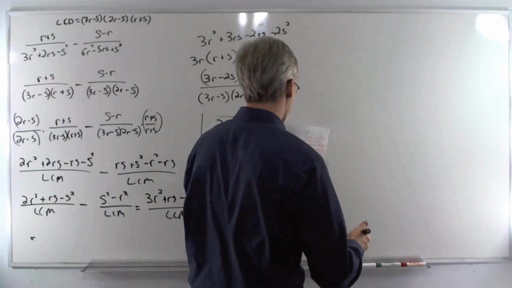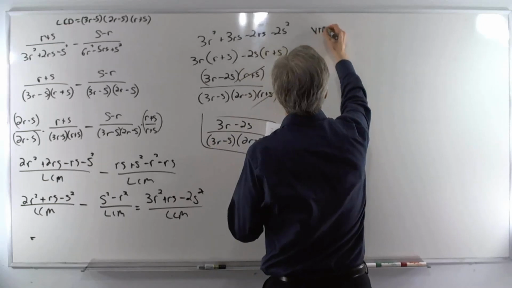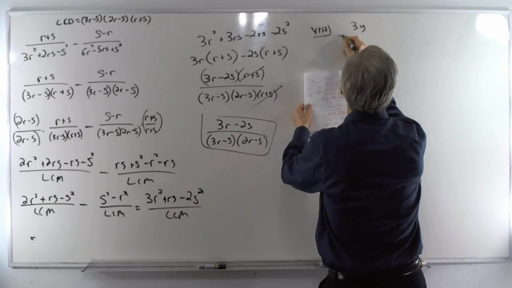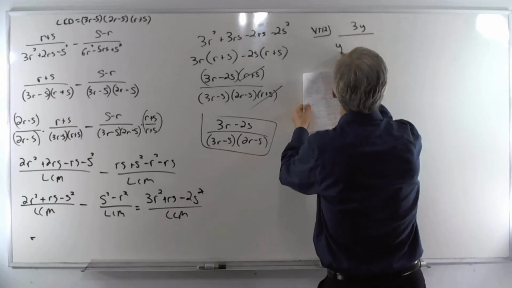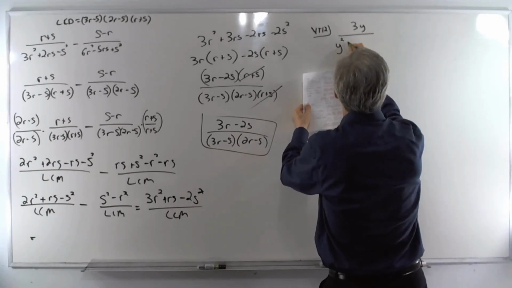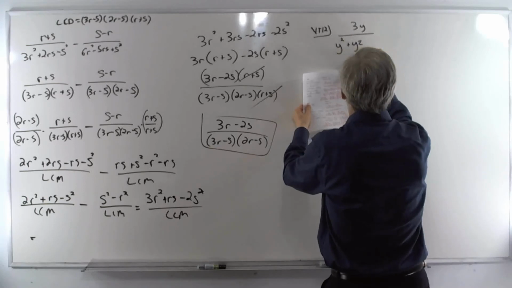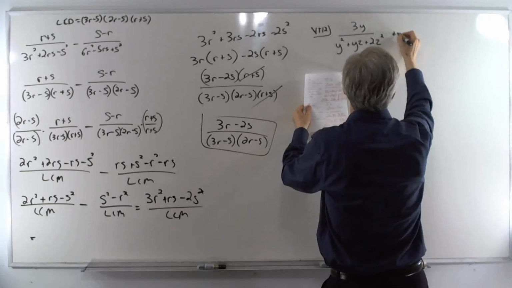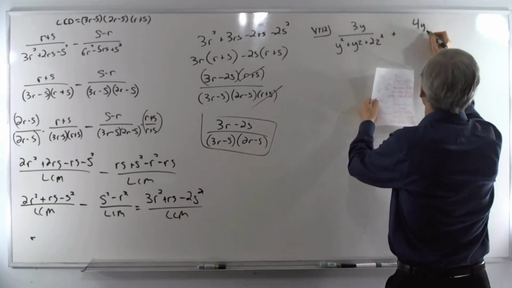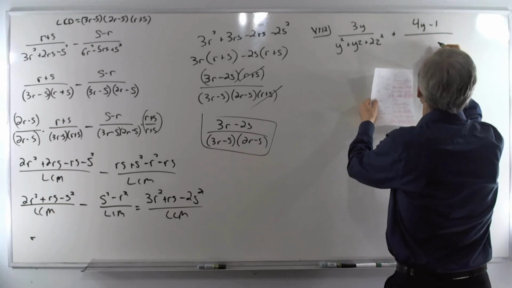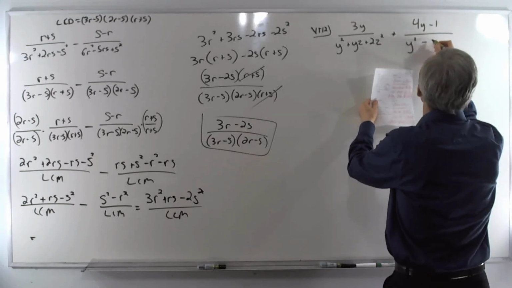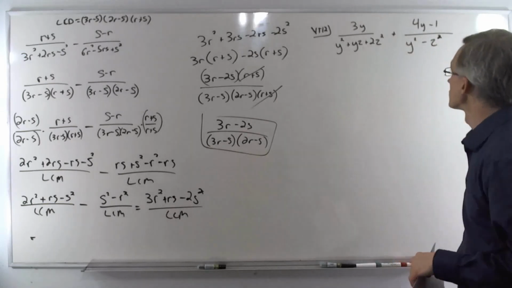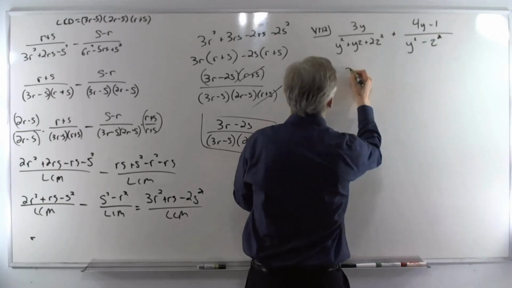All right, last one. Your turn, number 12. So we'll start by factoring the denominators.